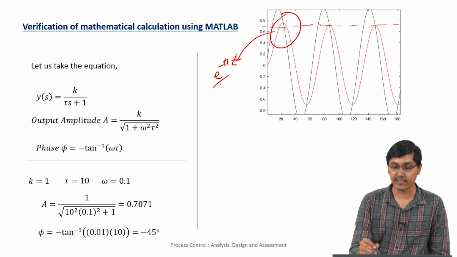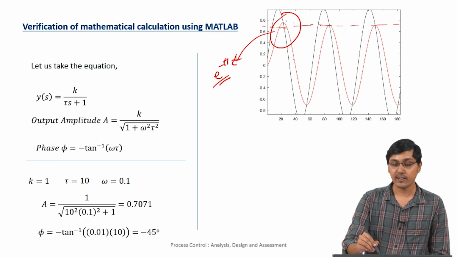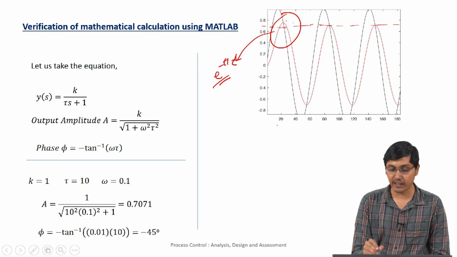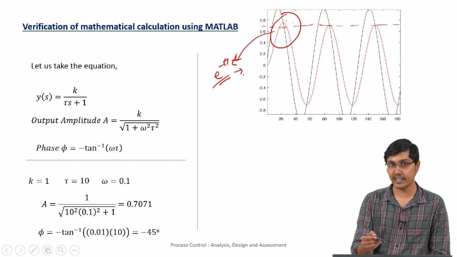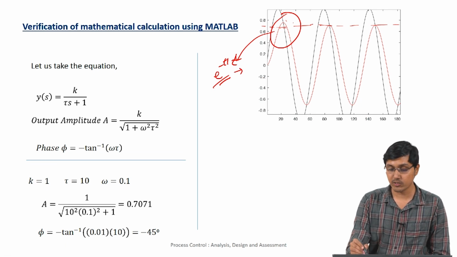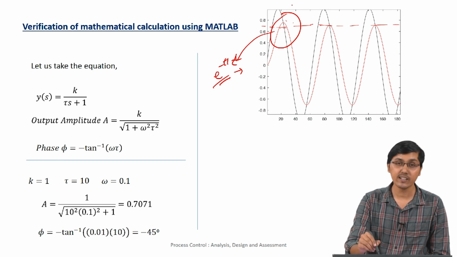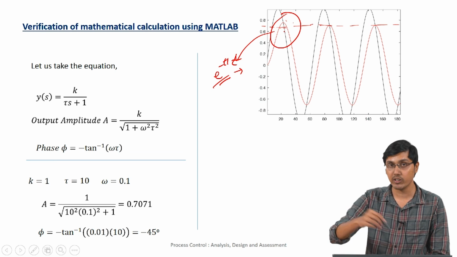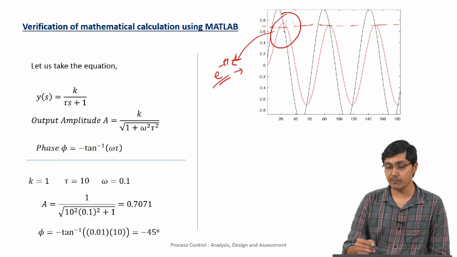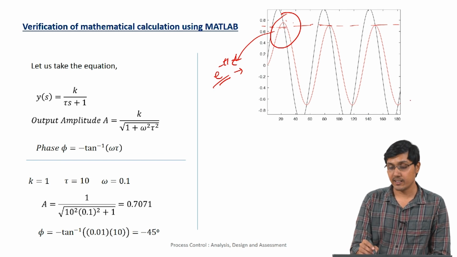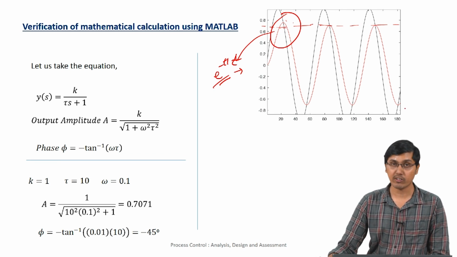Initially this had an effect, and that is what contributed to this initial change, but after some time it becomes very small, so that we can neglect it, and it becomes a constant thing. So when we say frequency response, we are not concerned about the initial response, how it changes initially, but about the final steady state response to the particular frequency.